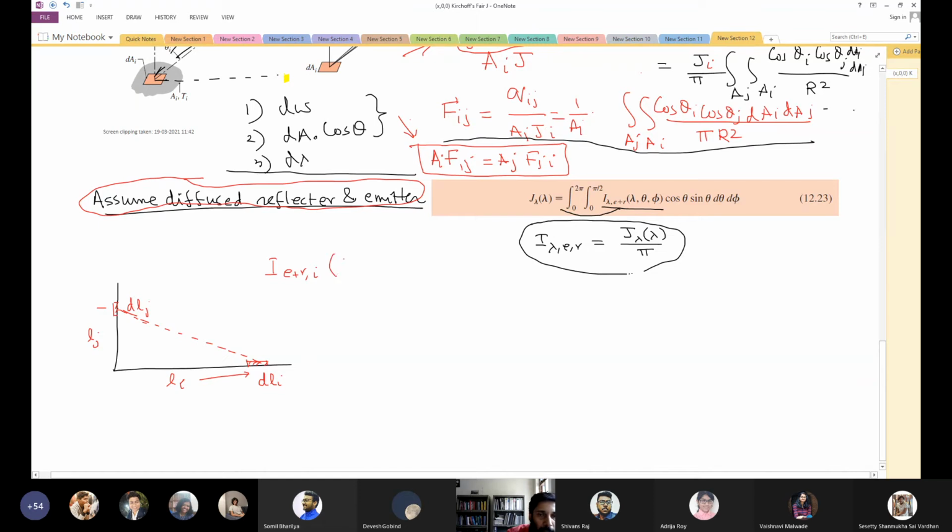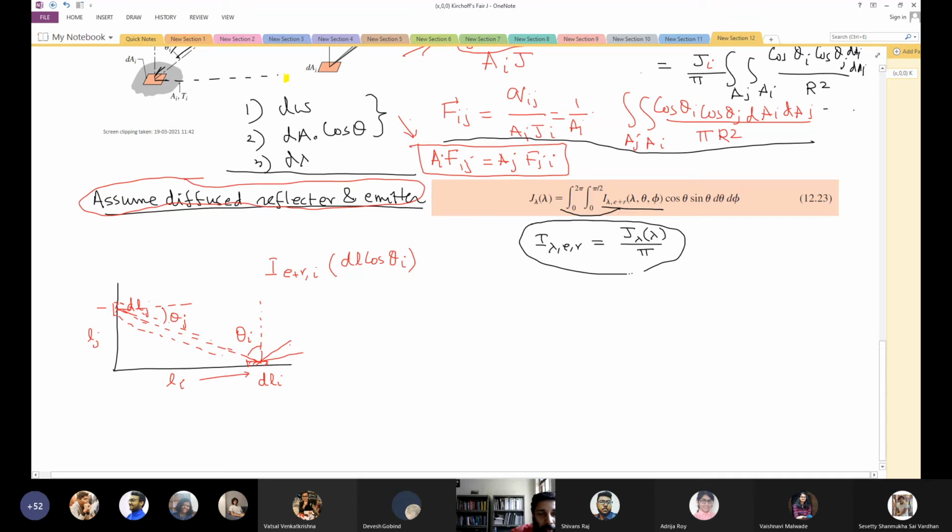So I have to write dL cos theta I, and this is theta j. Now this is dependent on, instead of solid angle, a planar angle. I am not able to draw it properly because that's on the left hand side.